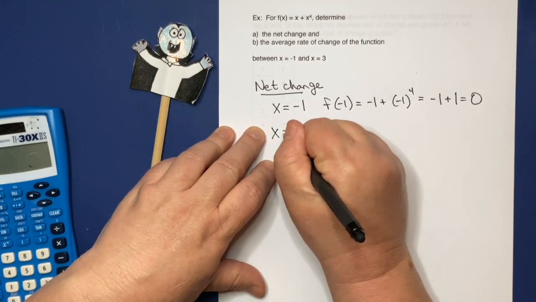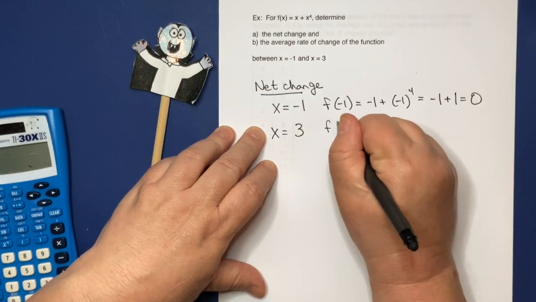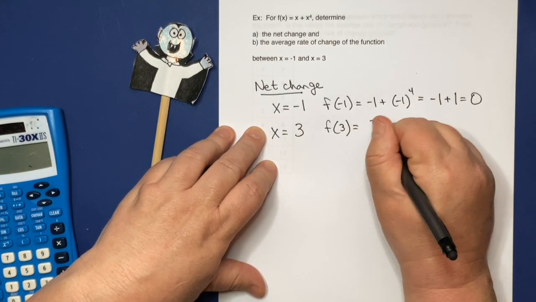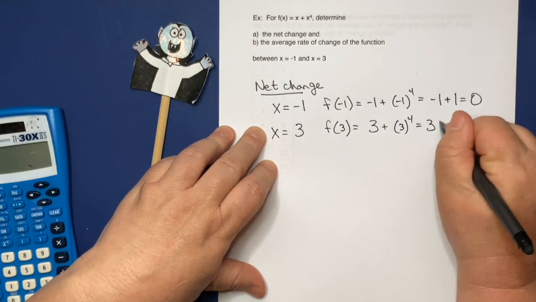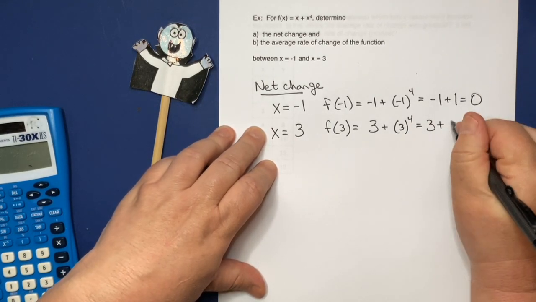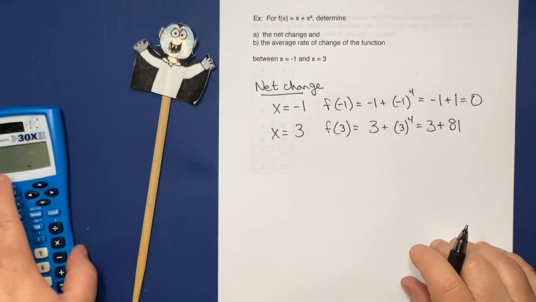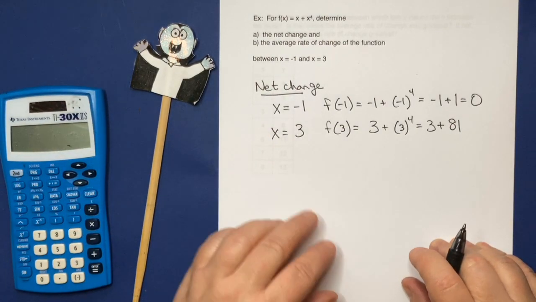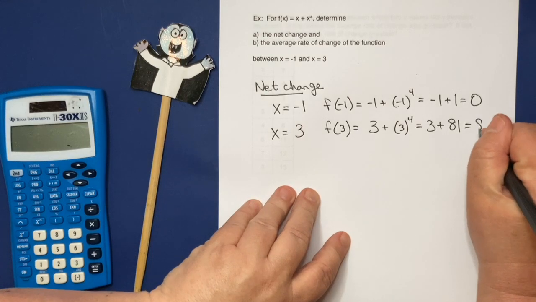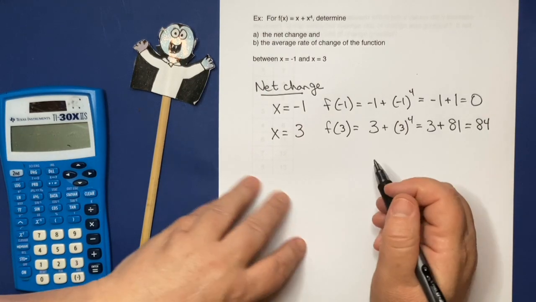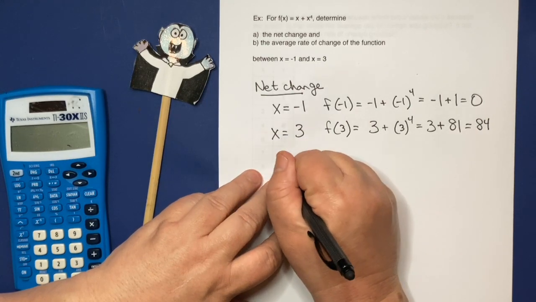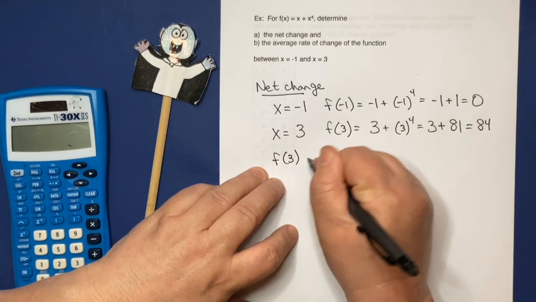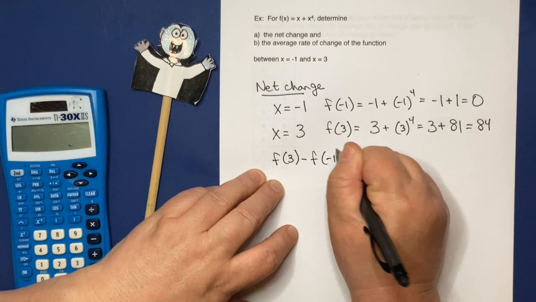And then at x equals 3, so f of 3, again, 3 plus 3 to the fourth, which is 3 plus, I happen to know that this is 81, but you can always use your calculator. Keep it close by for this section. And so I get 84. And so the net change is going to be f of 3 minus f of -1.